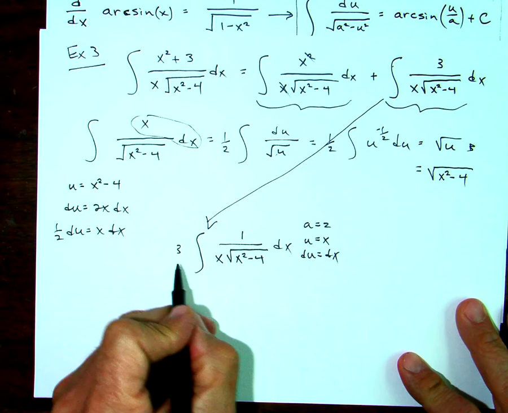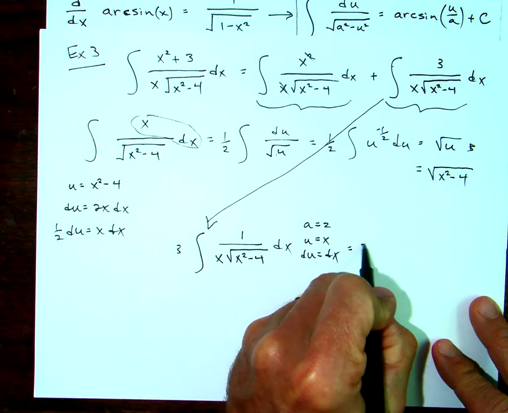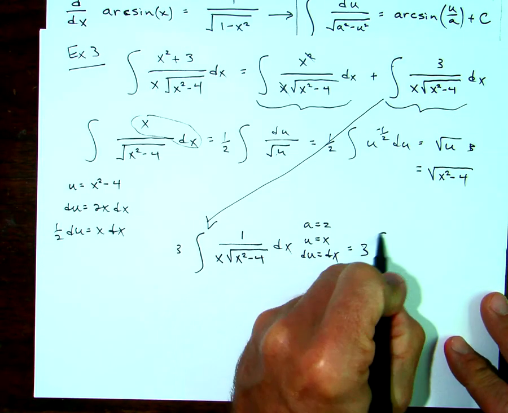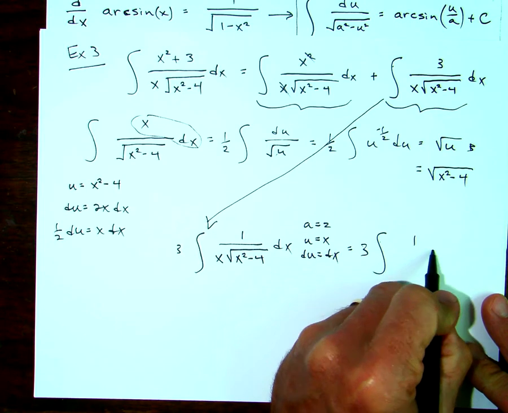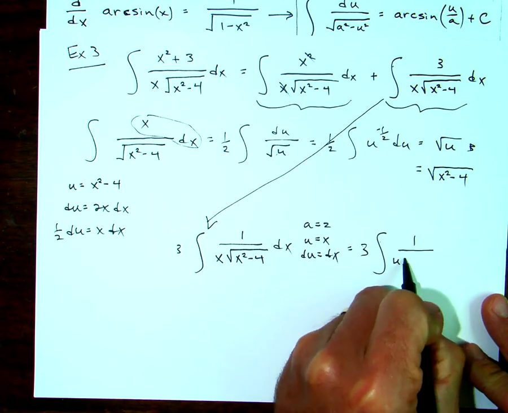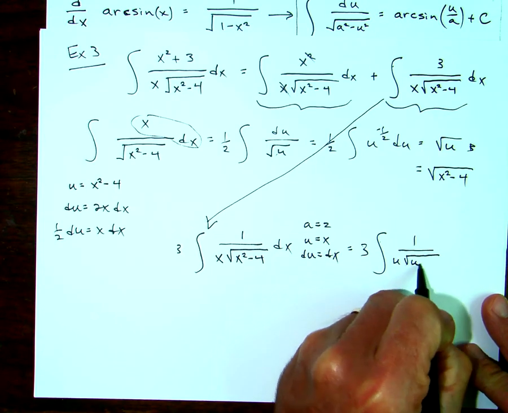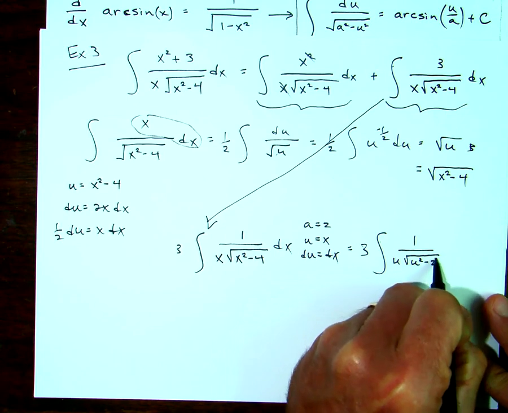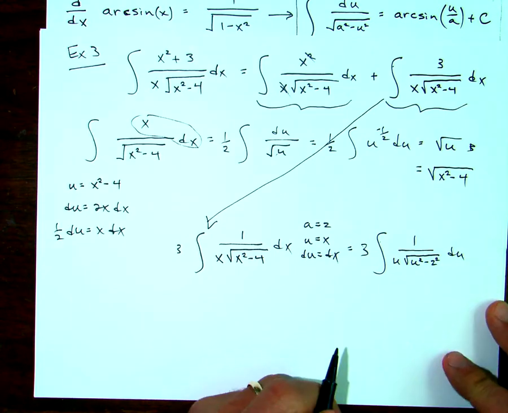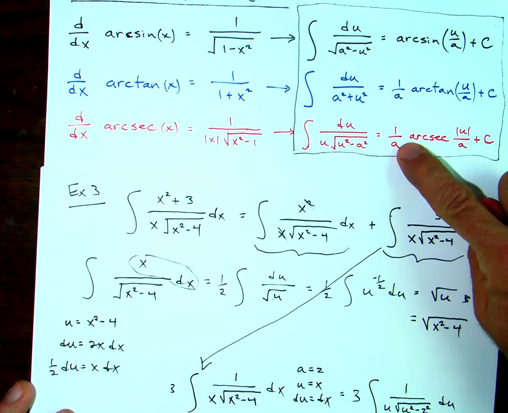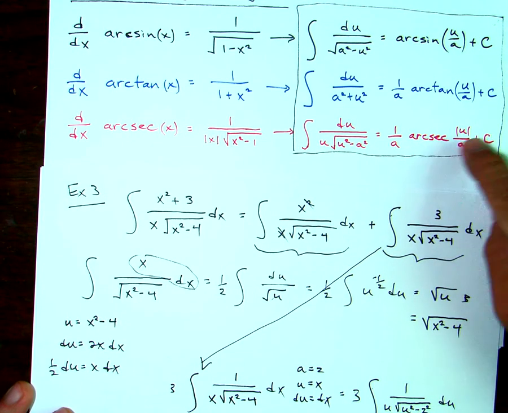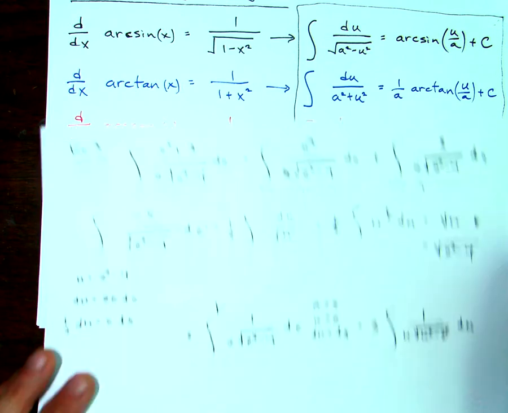So I've got this factor of 3 out front, and I've got the integral of 1 over u square root of u squared minus 2 squared du, and we know from here that's going to be 1 over a, where a is 2, so 1/2 arcsecant of u, which is x, over 2 plus c.